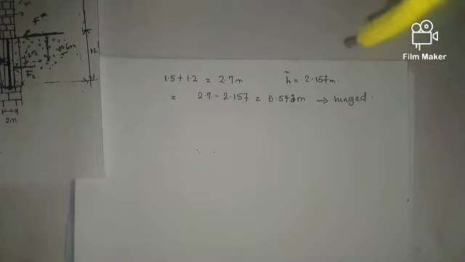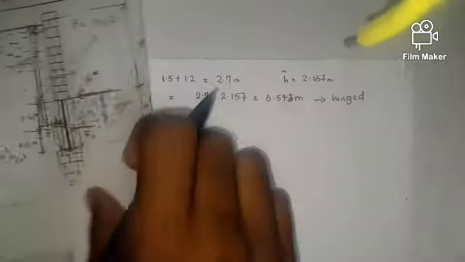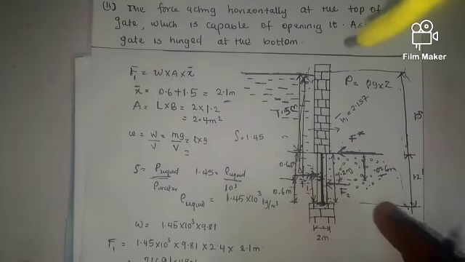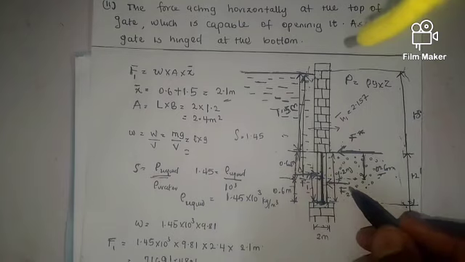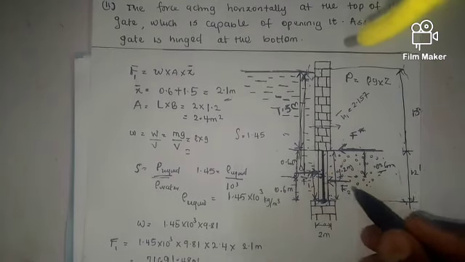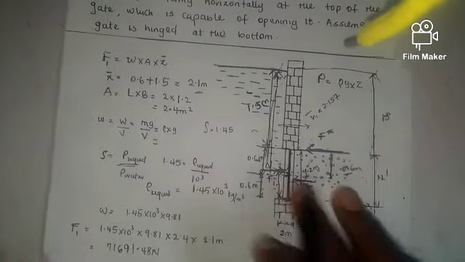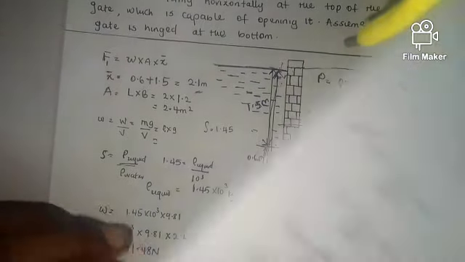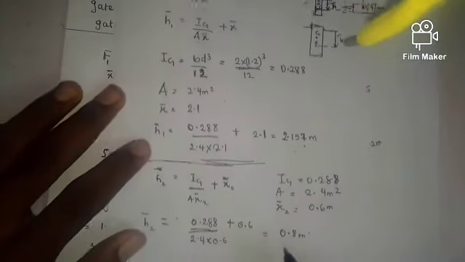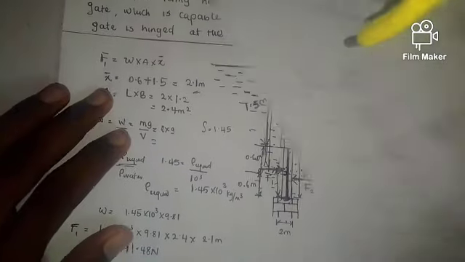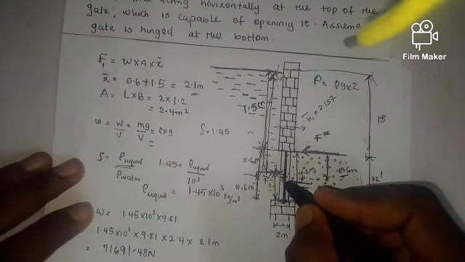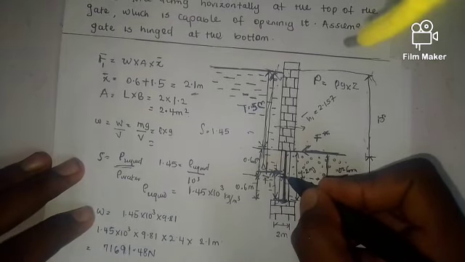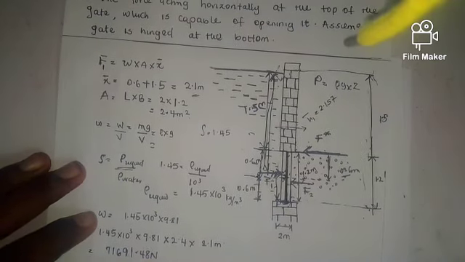So we do the same for the other side of my liquid, my F2. Now the point of application of my F2, we calculated it as my H bar 2, which is my center of pressure, which is 0.8 meter. Don't get me wrong, my depth acts at the center of my body, but my force doesn't act at my center of gravity.